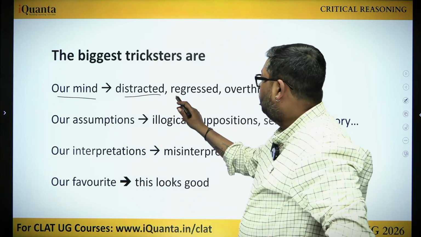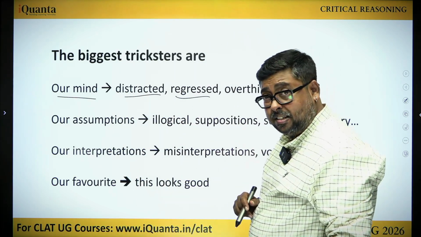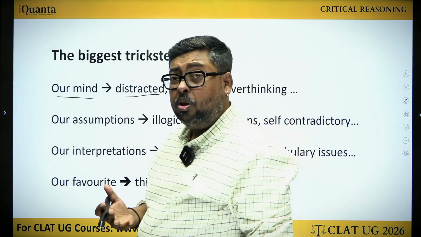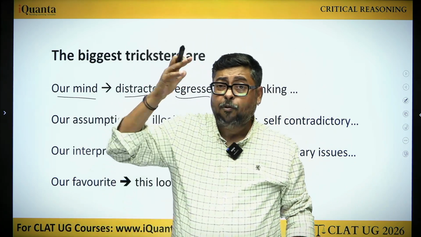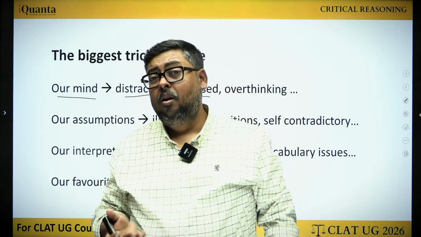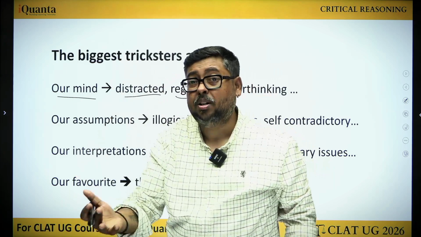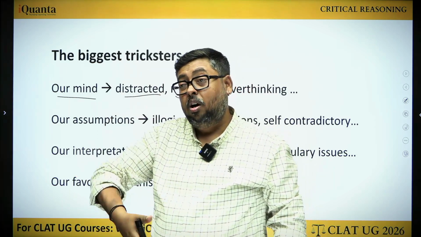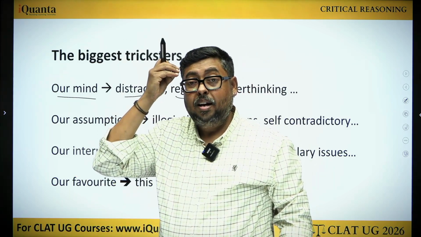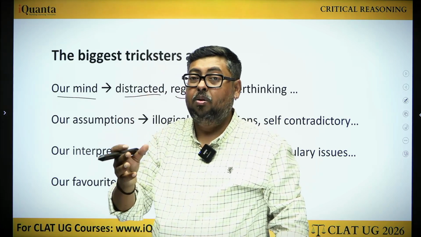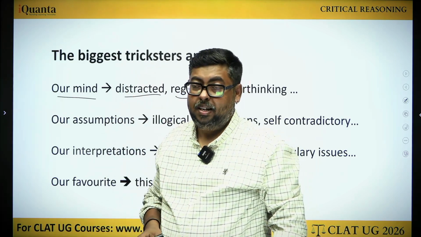Okay. Next part is being regressed. Regressed means I have seen students who actually read a passage four times just to understand what it means. Forget about critical reasoning, they are just trying to understand what it means. They are trying to put it in their mind, what is this passage telling me, right?